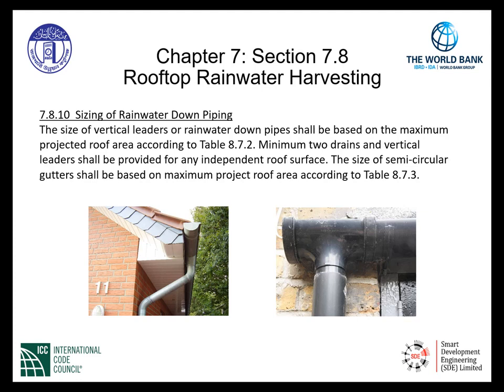The size of semicircular gutters shall be based on maximum projected roof area according to Table 8.7.3. As seen below, we have semicircular gutters and leaders taking the water into downpipes.